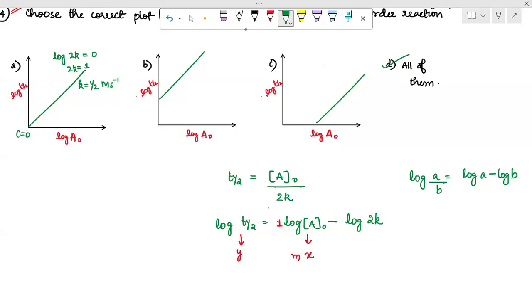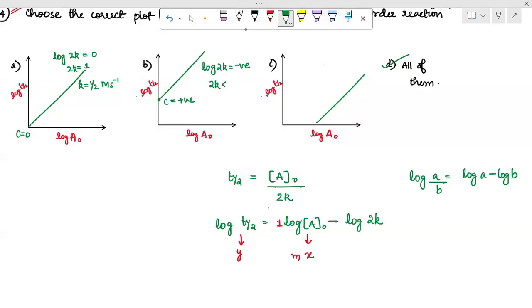Now option B is also possible. Option B is a case where the intercept is a positive value. That is also possible. How? You can see that this is minus, and if log 2k is a negative value, when will the logarithm value become negative?